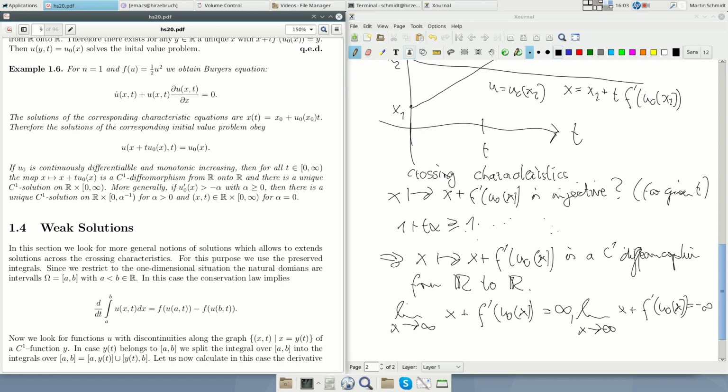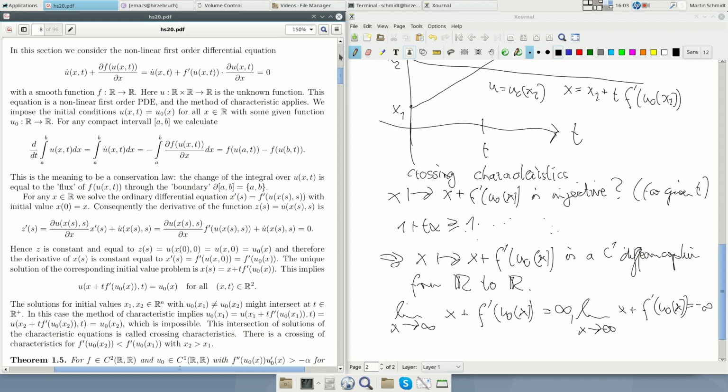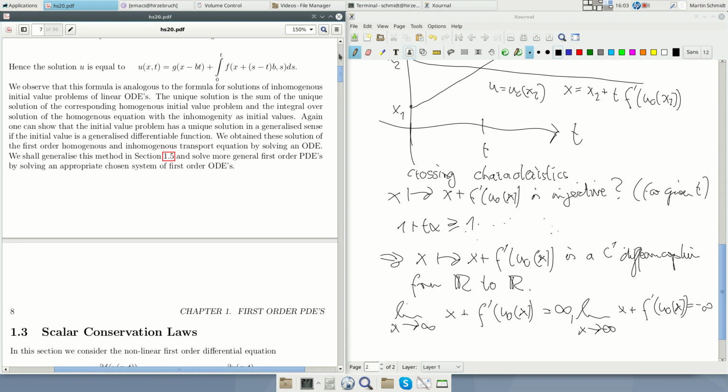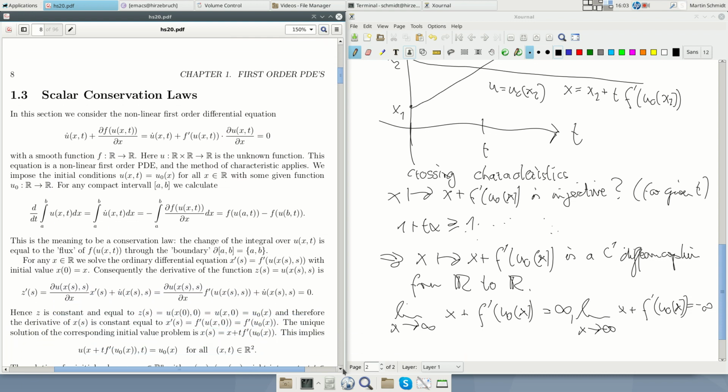Okay, so let's recall what we have seen today. We introduced the scalar conservation law. Then we understood what quantity is preserved and in which sense it is preserved. And then we used the method of characteristics to solve this equation.